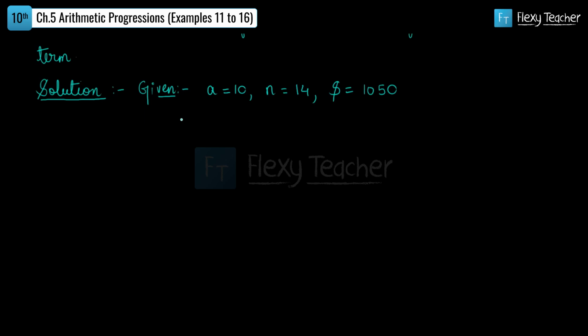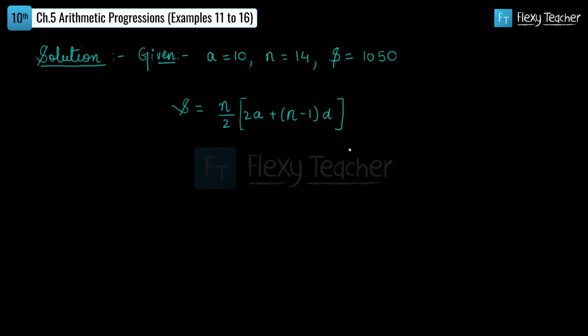So S is equal to n upon 2 into 2a plus n minus 1 into d bracket closed. So S is given to us as 1050, n is 14 upon 2 into brackets 2 into a, that is 2 into 10 is 20 plus 14 minus 1 is 13d.